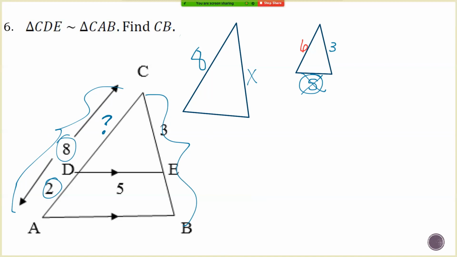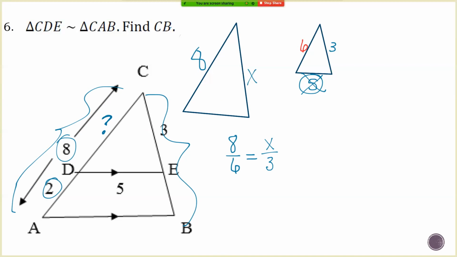So I'm going to make my proportions. Again, I normally tend to start with the triangle on the left. So left side of the left triangle is 8. The left side of the right triangle is 6. For the other portion of my proportion, I'm going to do the right side divided by the right side, x divided by 3.